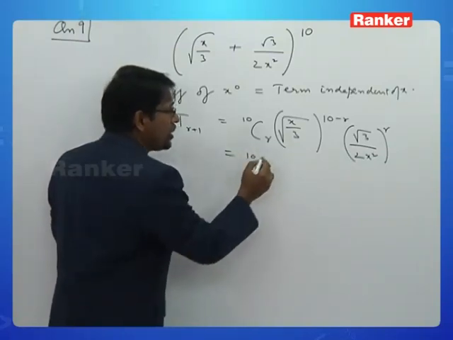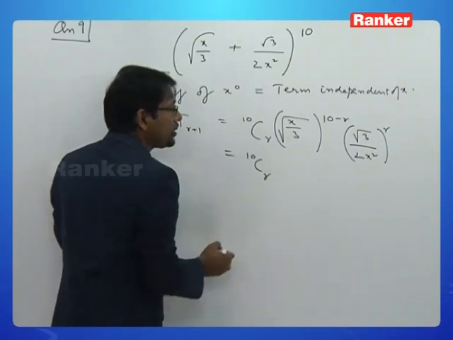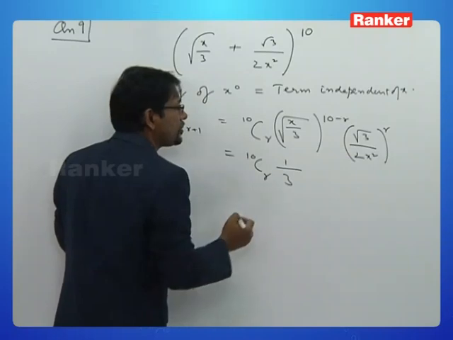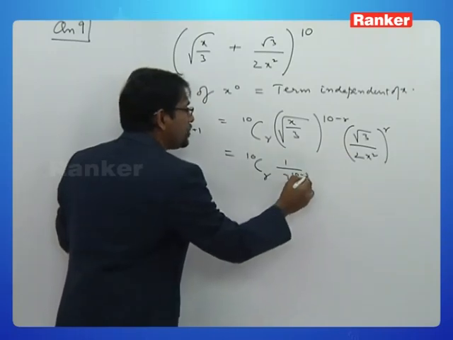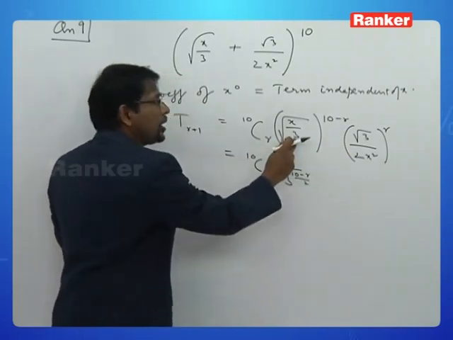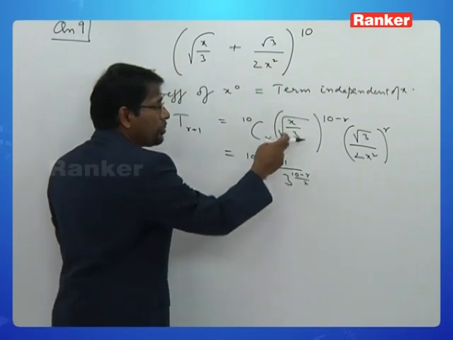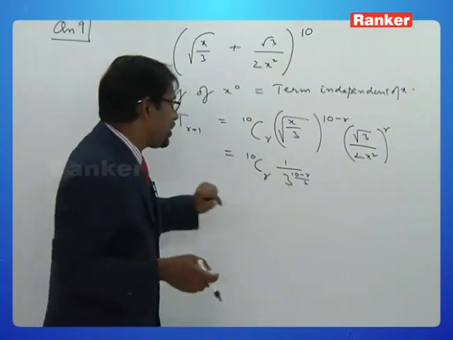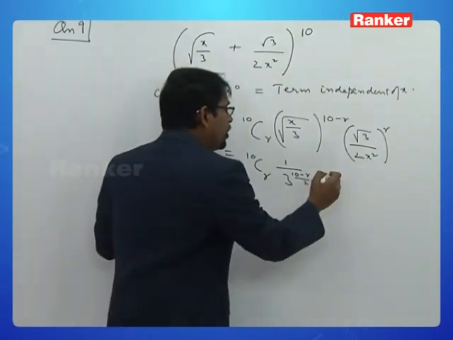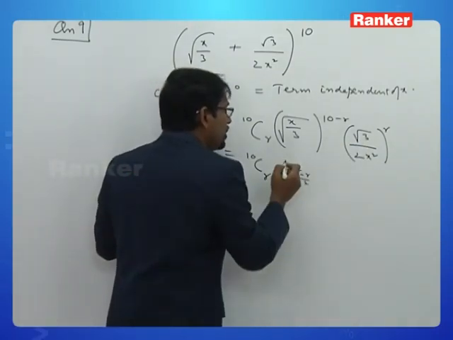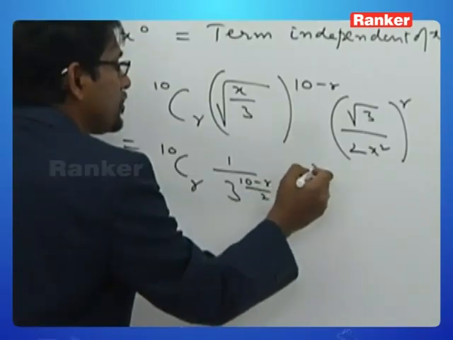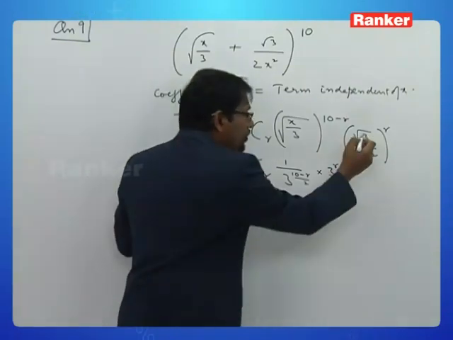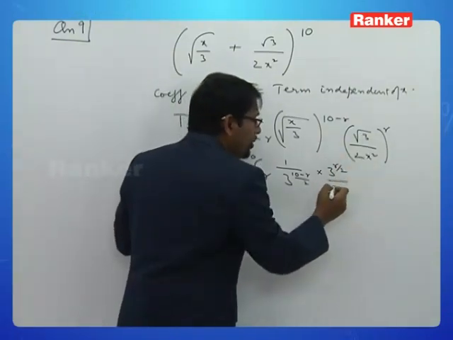So we have 10Cr, and here 1 by 3 power (10 minus r) by 2, because root 3 can be written as 3 power half, and we have 3 power r by 2, and by 2 power r.